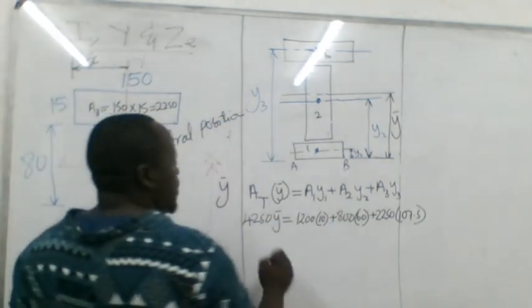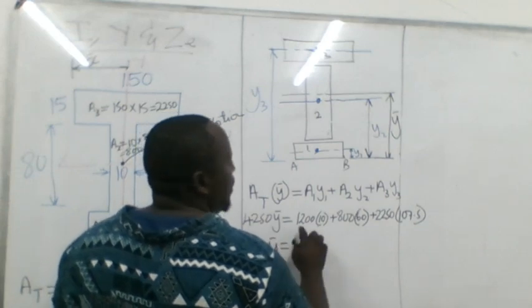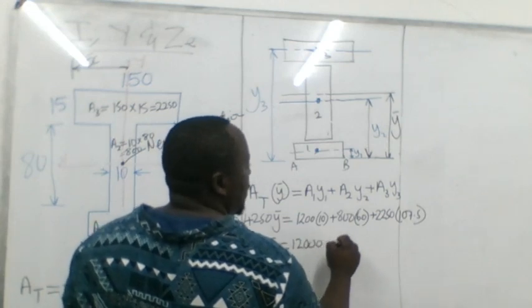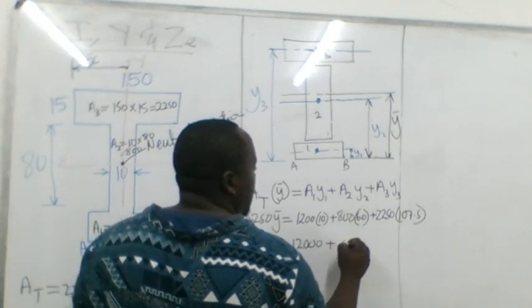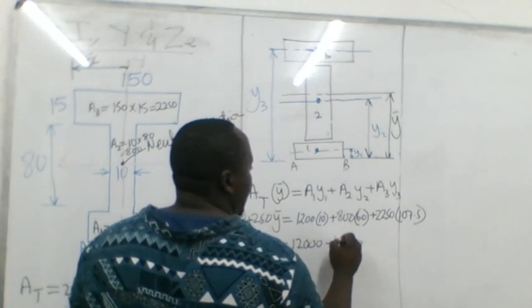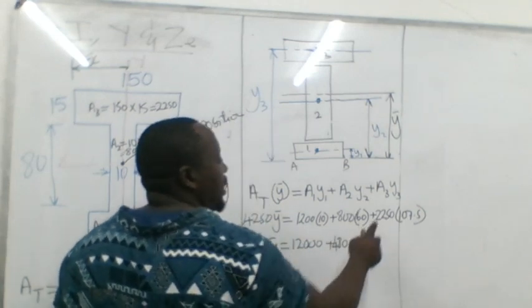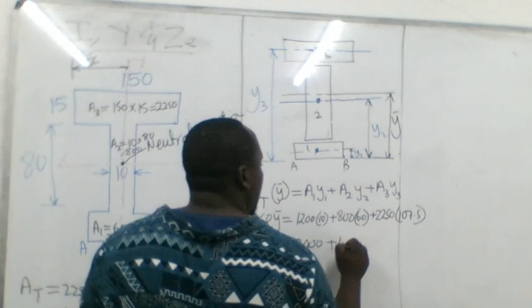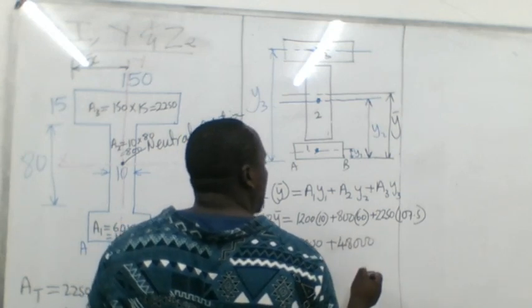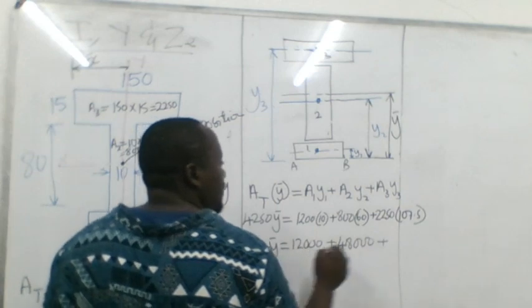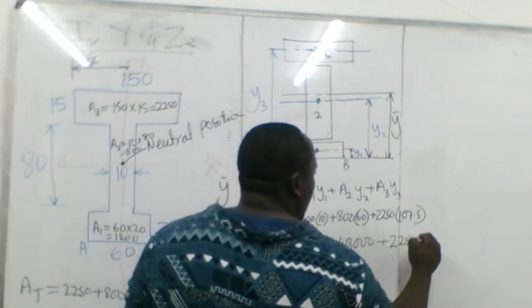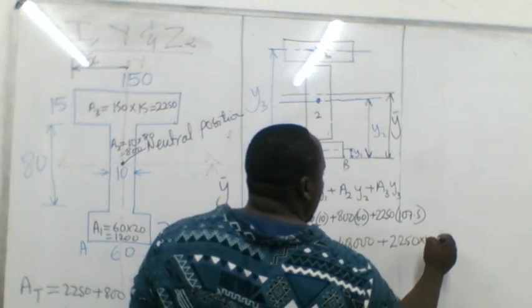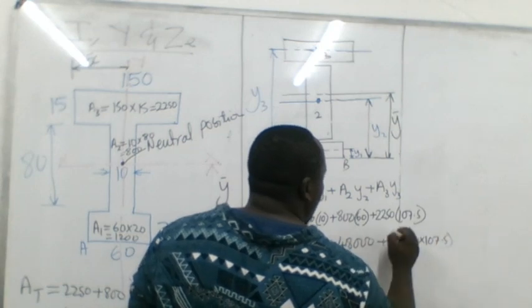Then you say Y bar is equal to this answer. Okay, I don't have a calculator. Plus 48000 plus that number, 2250 times 107.5.